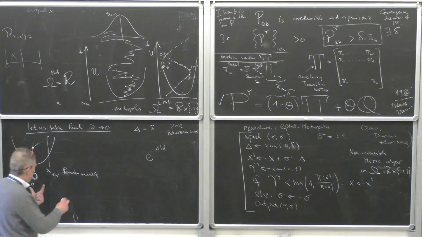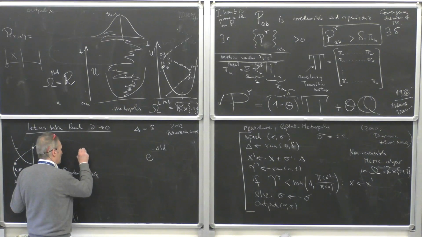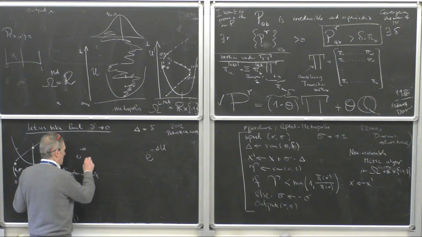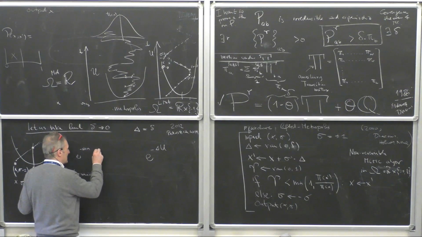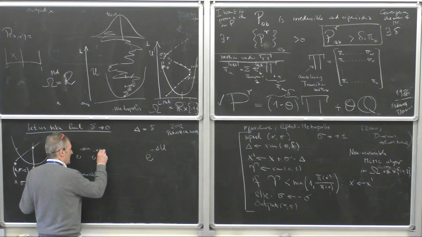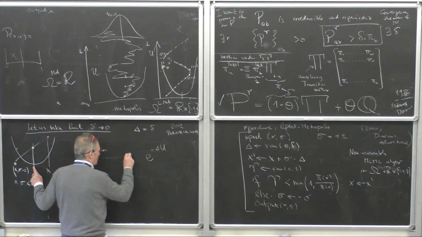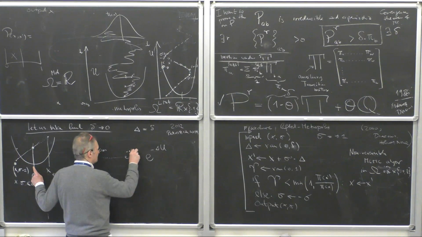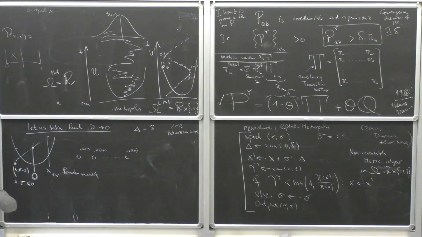So the first move, I start at 0. The first move, I'm going to accept it with e to the minus delta u. The next move, I'll accept it too. And I'll accept all of them with e to the minus delta u. But at x event, I reject the move. So with which probability do I reject the move?